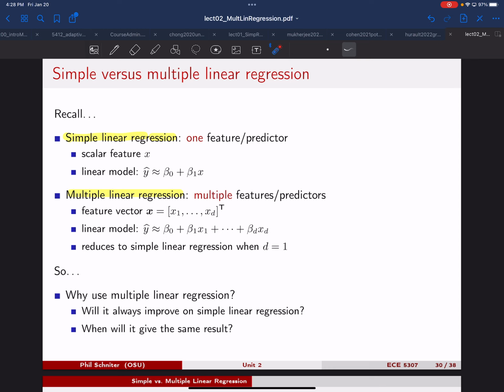It turns out that if we care only about performance on the training data, we want to use all the features for our prediction.